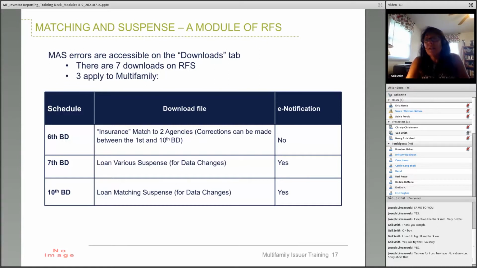You may make corrections between the 1st and the 10th business day. Again, we will run matching on the 10th business day, and you will pull your download on the 11th business day to see any changes. For loan various suspense, you will pull that download on the 7th business day, and you will receive an e-notification if that is applicable to you.